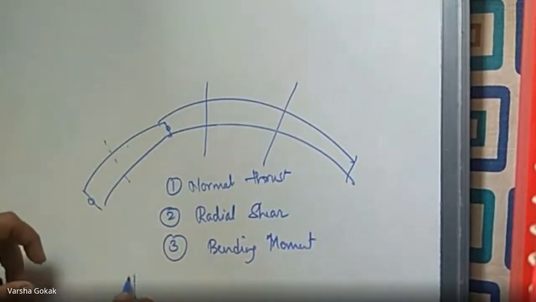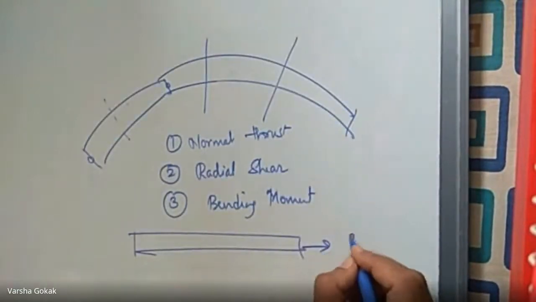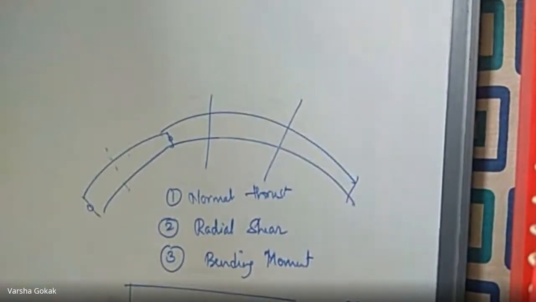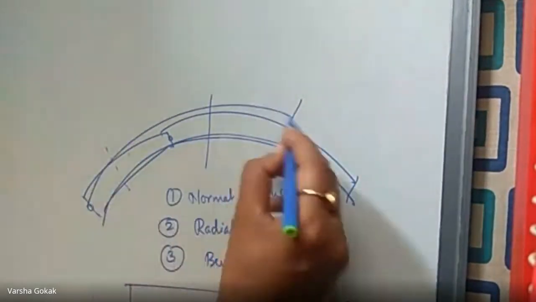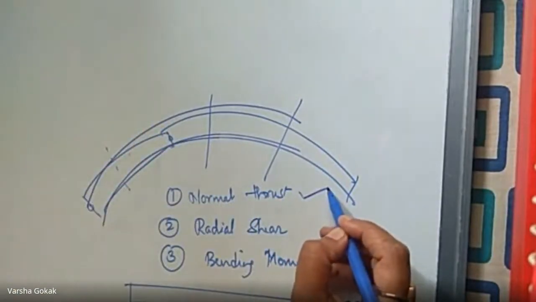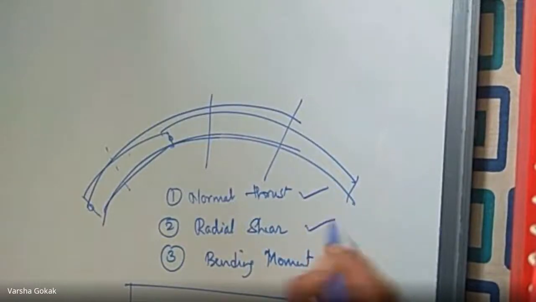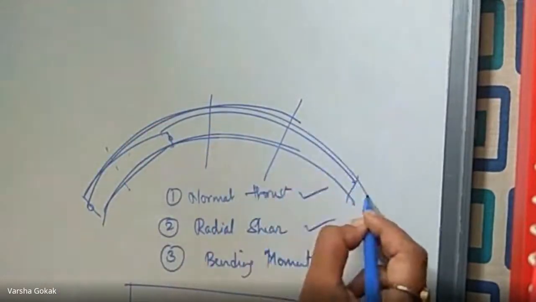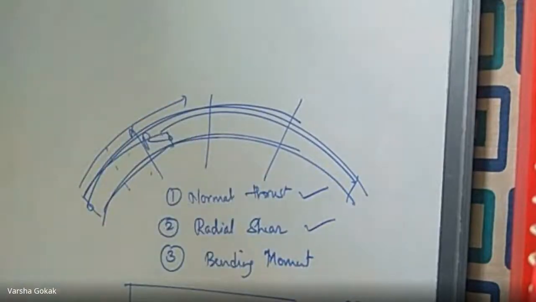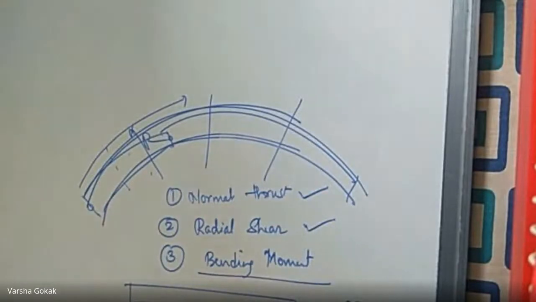So your regular beams that you have come across generally have a shear force and a bending moment. But when we have a curved beam like this, it will have a normal thrust, meaning N normal to the section, I will draw the diagram. Then radial shear, because the moment I say it is curved, there is some kind of radius coming into the picture, correct? So there is going to be a radial shear and a bending moment.